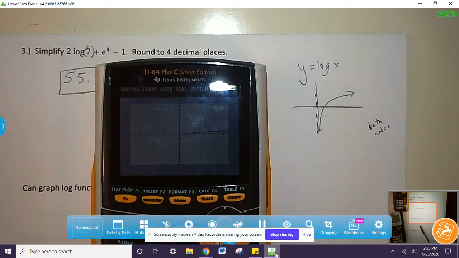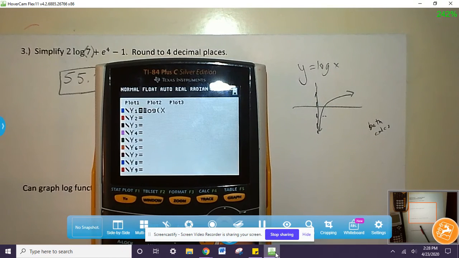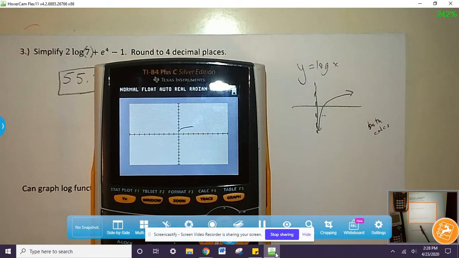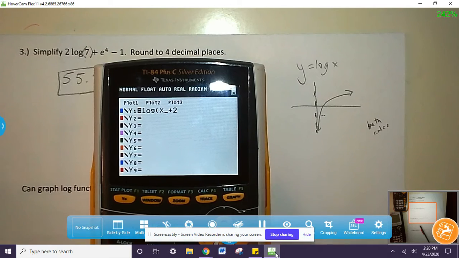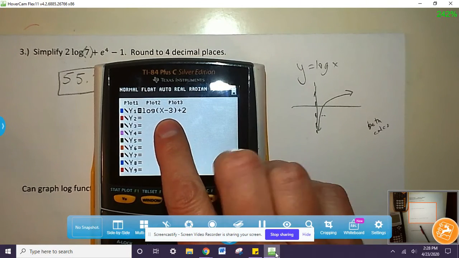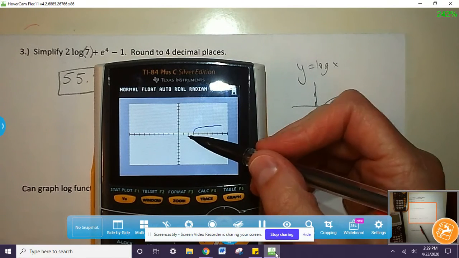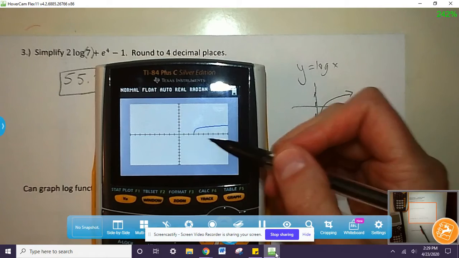Okay. And then you can also do transformations. So if I wanted to move this, for example, up 2, I can throw a +2 outside of the parentheses. And you can really see the calculator's limitations here if I do the horizontal shift. So let me move that 3 which way? To the right. Yep. So if I move that 3 to the right and up 2, it looks like this. And that's really not what the graph looks like.